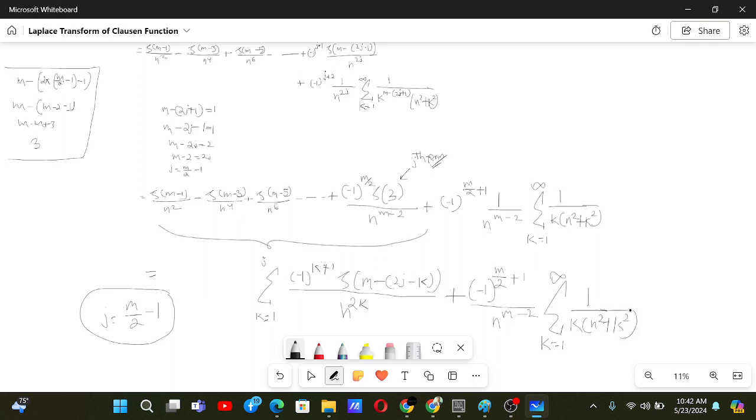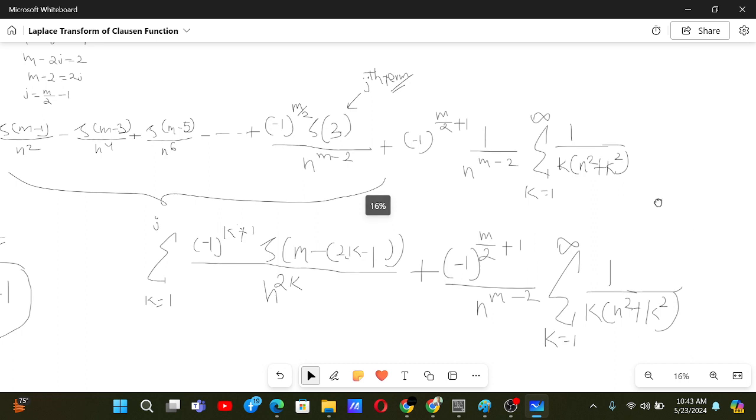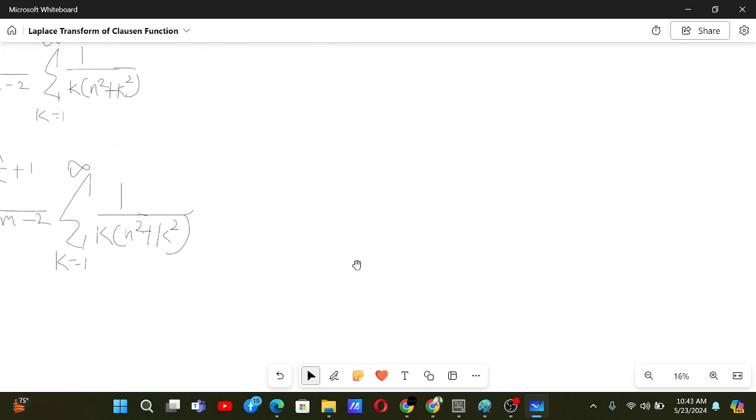Over here, all of these things can be evaluated because we know m is given in the question, and k just goes from 1 to j, and j is just m by 2 minus 1. So all of this can be evaluated, and this is also just some numbers. Now we need to find this sum. After we get this sum, we will close the problem.